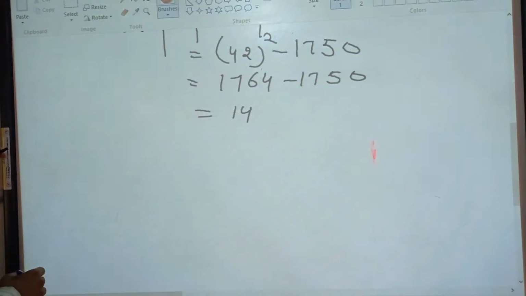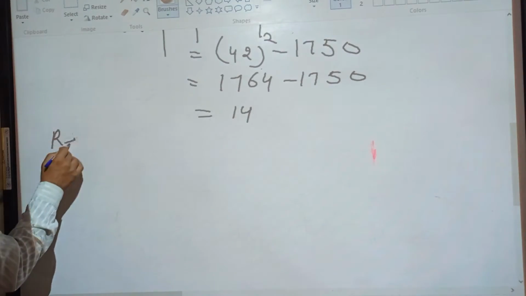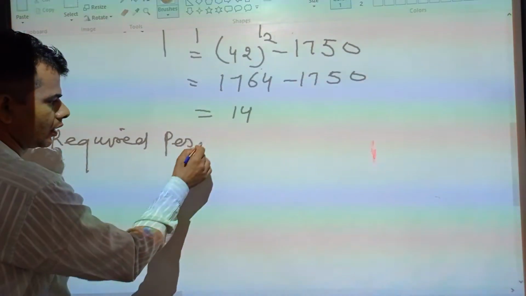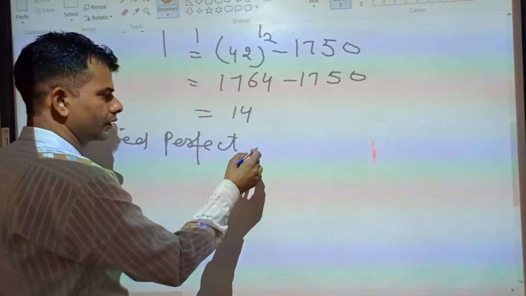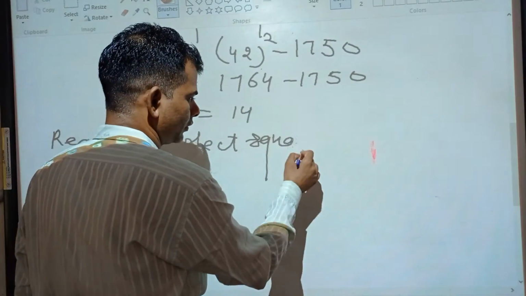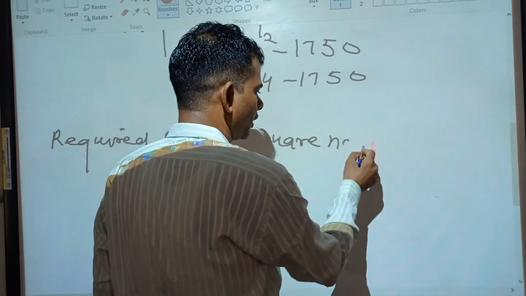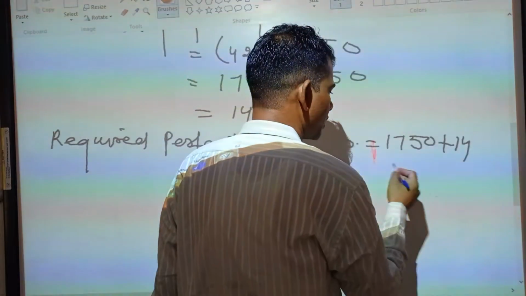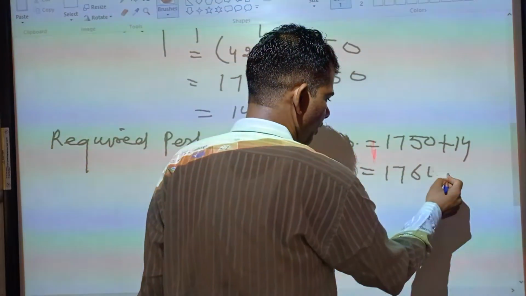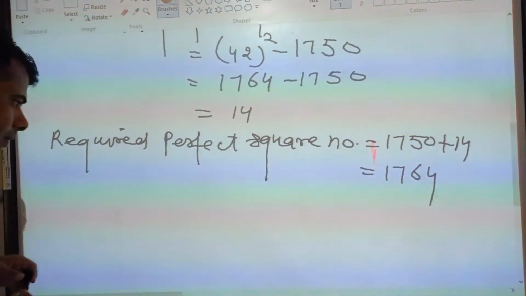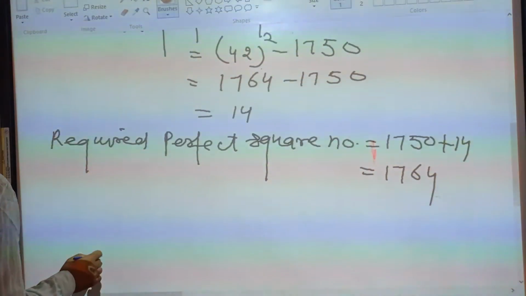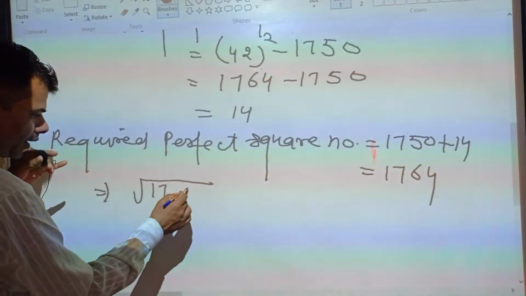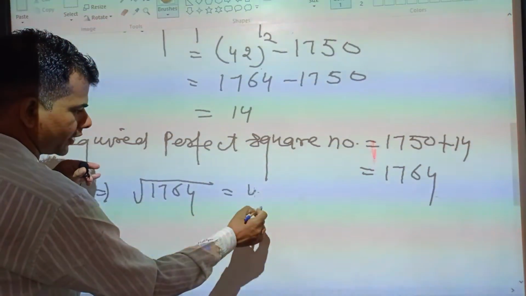Now the required perfect square number: 1750 plus 14 becomes 1764, and the square root of 1764 is 42.